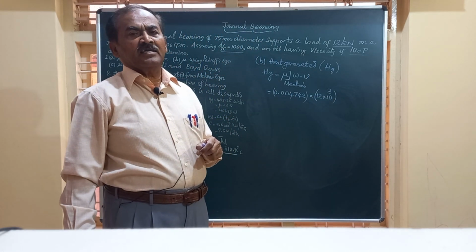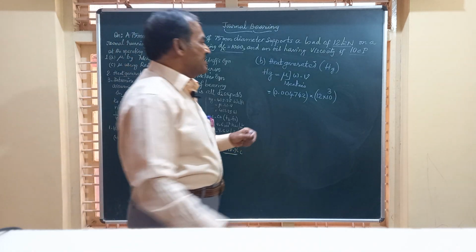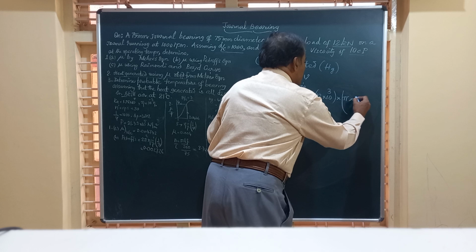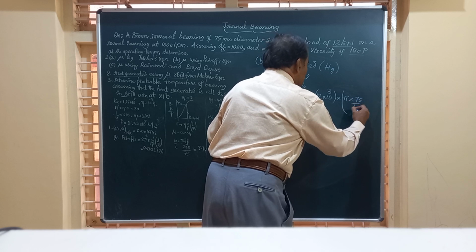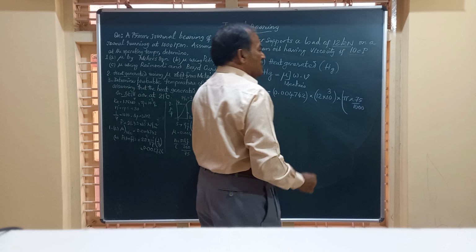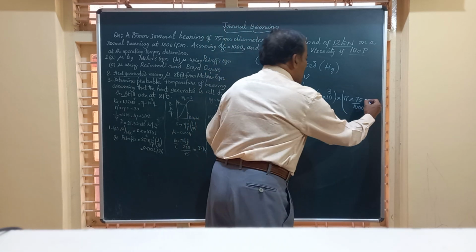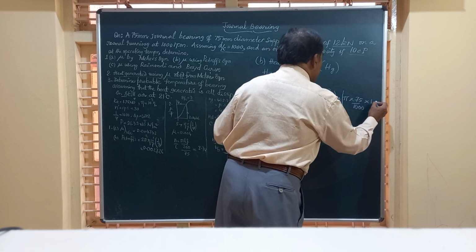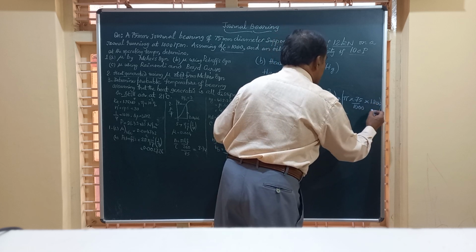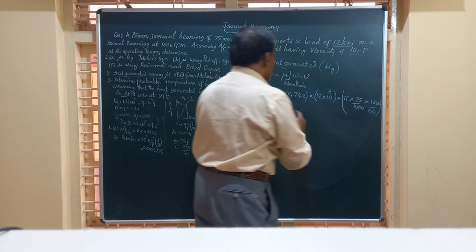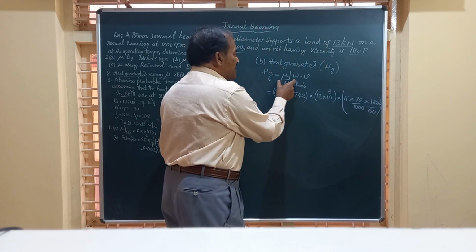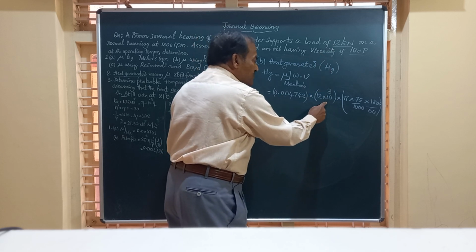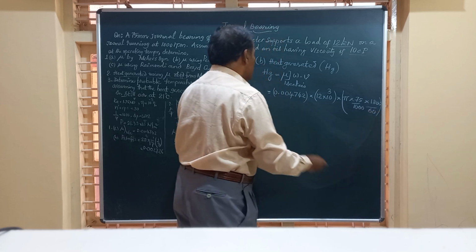Then velocity is pi dn by 60. So pi into diameter, 75 by 1000 to convert millimeter to meter, and then n is 1800 rpm, pi d n by 60. Friends, you got mu of Mackey's, W is the load, 12 kilonewton converted to Newton, and this velocity in meter per second.